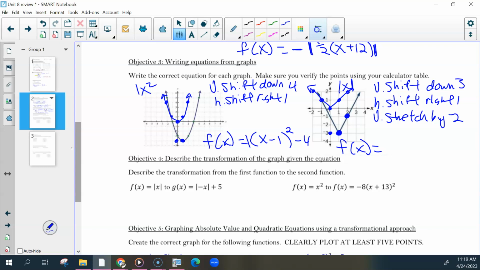The vertical shift, the horizontal shift, or the vertical stretch? Which would come first? Stretch. So 2, parentheses, absolute value, yeah. x minus 1, the absolute value. Do you add the exponent? Not for this one, because those are 2 different functions. Okay. And then you put down the minus 3.